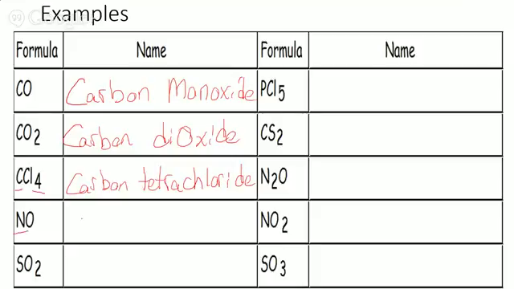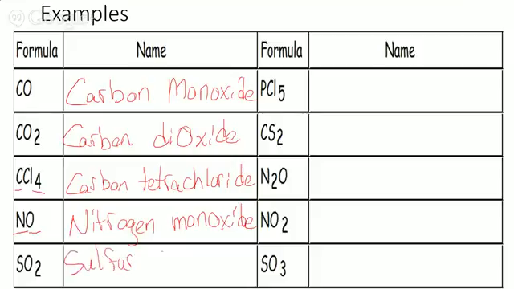First element, nitrogen, only one of them, so we just say nitrogen. Next element is an oxygen, and there's one of them, so we got to say monoxide. All right, SO2, sulfur, only one of them, so we don't need a prefix for that first element. Two oxygens, we say dioxide. Phosphorus, PCl5.